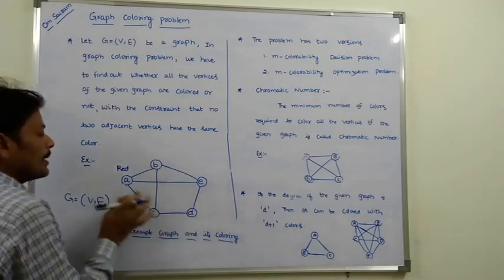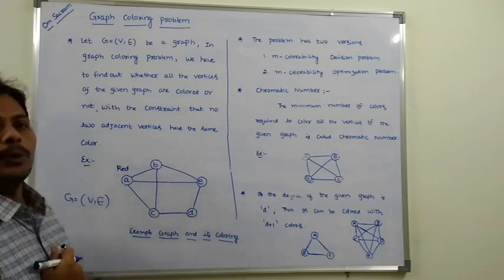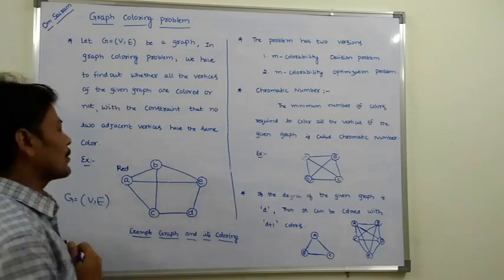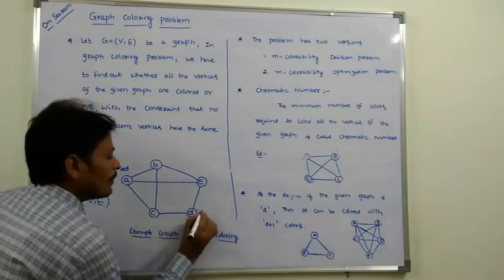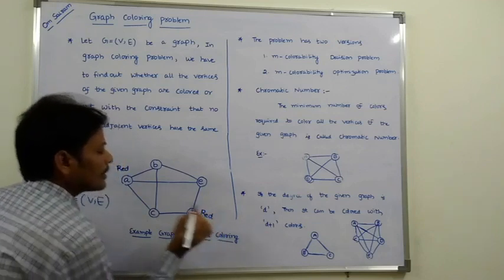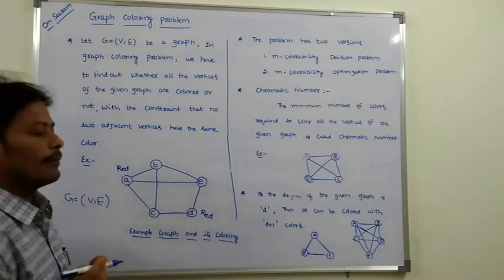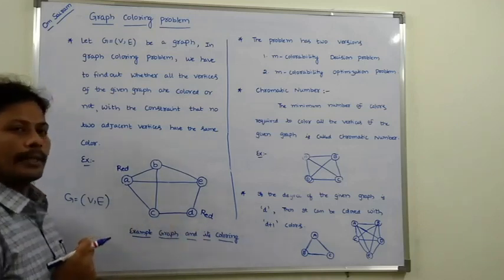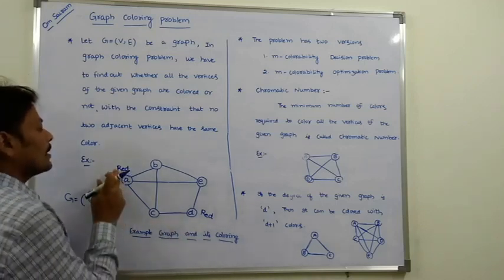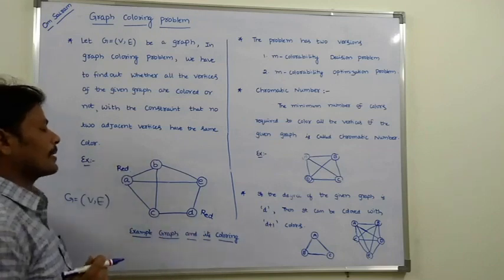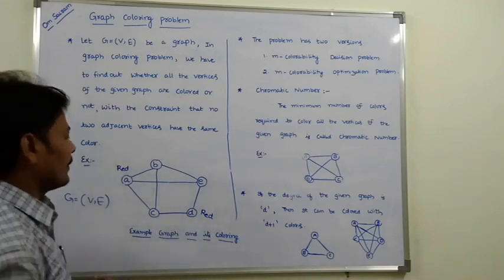But D is not adjacent to vertex A, so we are using the same color for vertex D. Vertex A and vertex D are not adjacent, so we are using the same color for vertex A and vertex D.